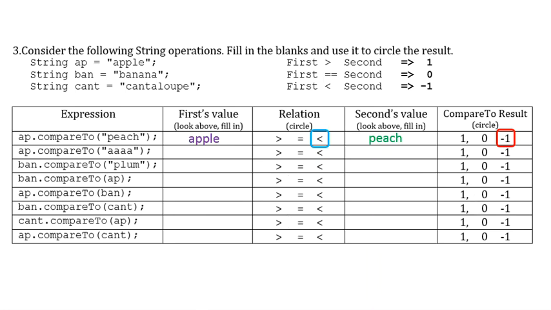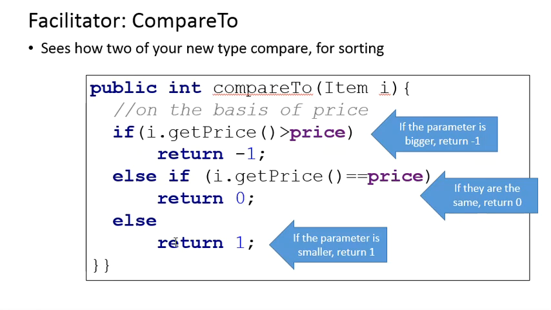When we're coding it, it's similar to equals, but there's a bit of change. Again, we're going to get another item coming in, and we're going to be comparing that to ourselves, to our own price. This is going to return an integer because we're going to return -1, 0, or 1. So I take I's price, and if I, the outsider, compares to my own value and it's bigger, that means that I'm smaller than it, so I'm going to return a -1.